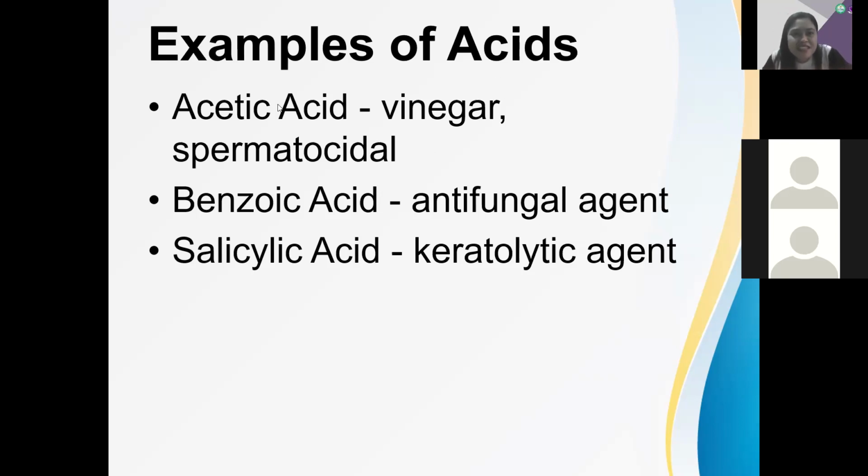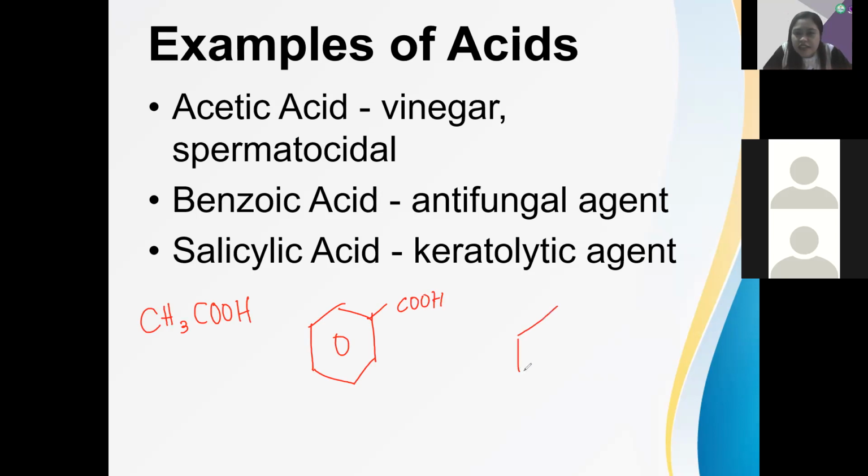But anyway, all of these are examples of carboxylic acids. They are an acid class. They do contain COOH in their structure. If we're actually going to write, the acetic acid is just CH3COOH. While the benzoic acid, from the name itself, you have the benzene ring and the COOH.